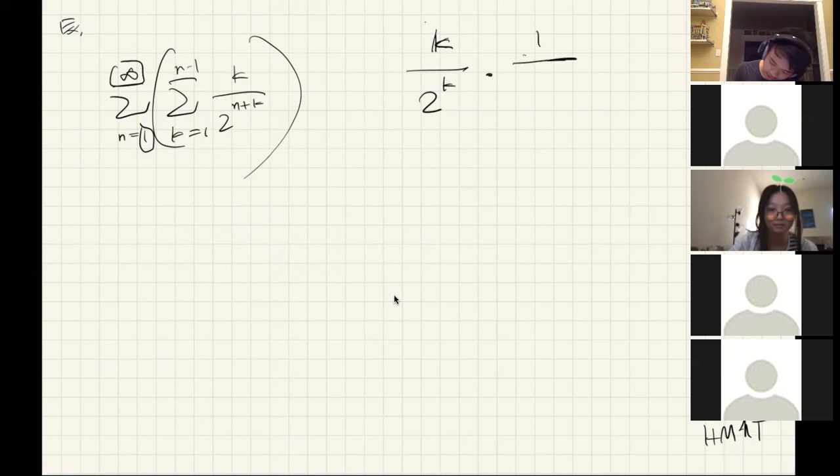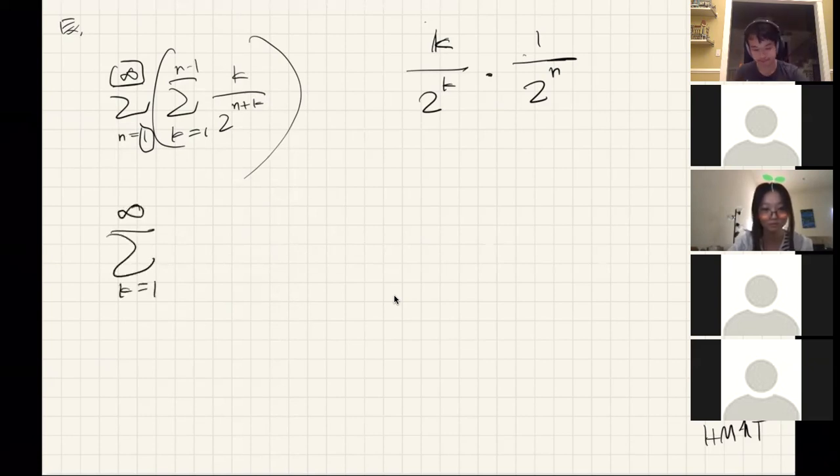And we're also going to look at 1 over 2 to the power of n. So once again, we're going to swap the order of summation. So instead of treating the problem as a sum in terms of n going from 1 to infinity, we're going to treat it as a sum in terms of k going from 1 to infinity.